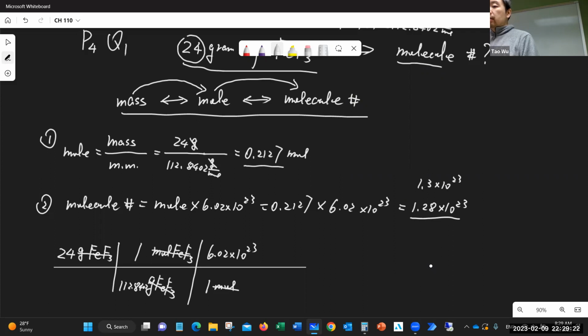And since we cancel all the units, you will recognize the final calculation is just 24 multiplied by 1, divided by 112.8402, multiplied by 6.02 times 10 to the 23rd. And when you do the calculation, generally it's the same thing.